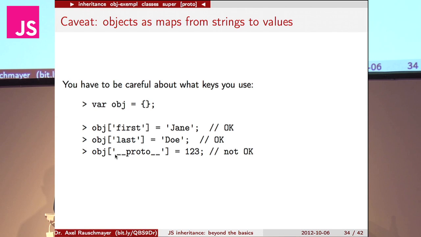There was a bug in Google Docs a while ago where, if you typed Dunder Proto as the first word in a Google Doc, Google Docs would crash. I can only invent my own reason why that happened internally, but they probably stored something in an object. So typing Dunder Proto crashed Google Docs for a while, until they fixed it.